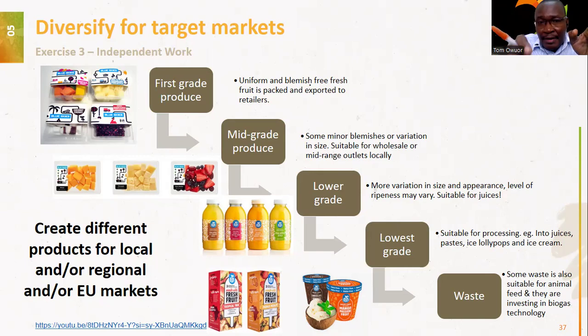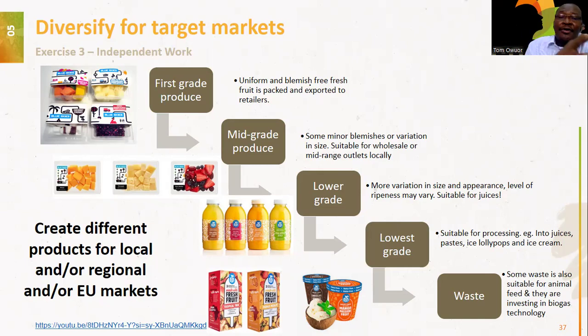So the question then is, of the products that we manufacture as an organization, where do we position the first grade? Where do we position the mid grade? Where do we position the lower grade? And where do we position the lowest grade? And how do we treat the waste?